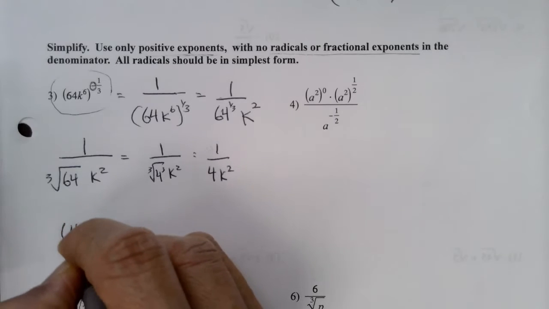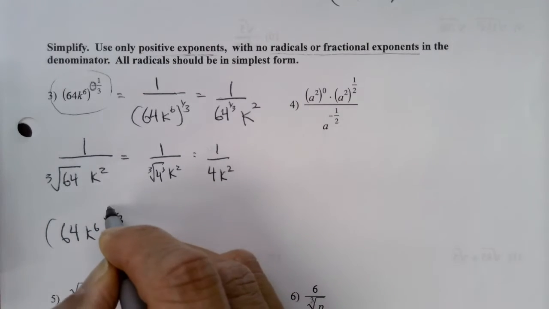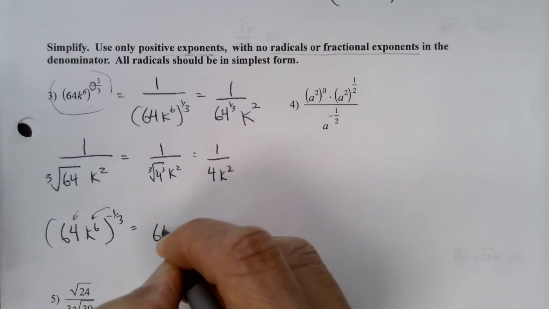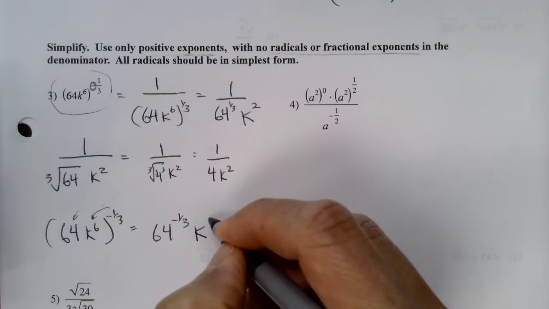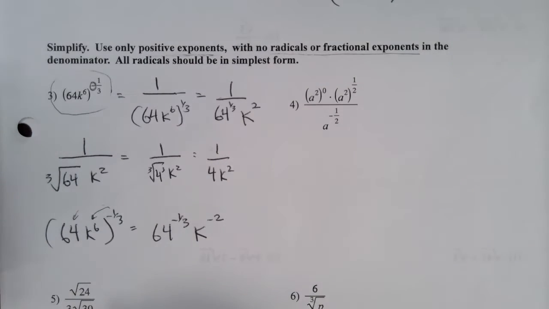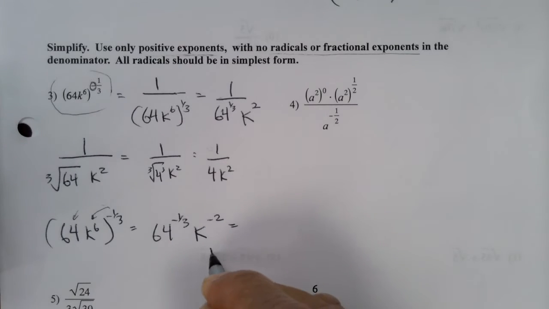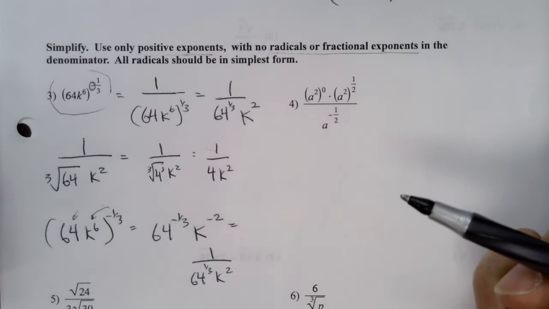You could also distribute, according to your exponent rules, that negative 1/3 to both of those terms right away. 64 to the negative 1/3. Okay, 6 times negative 1 over 3 is negative 2. And then, as with negative exponents, you can take those and move them to the bottom with positive exponents. And so you end up in that same place.